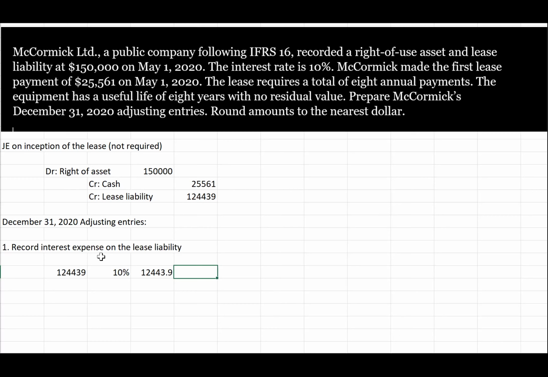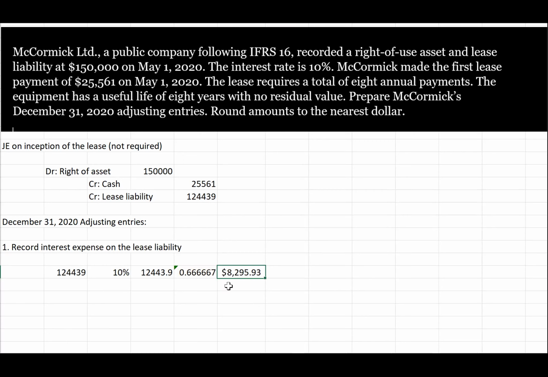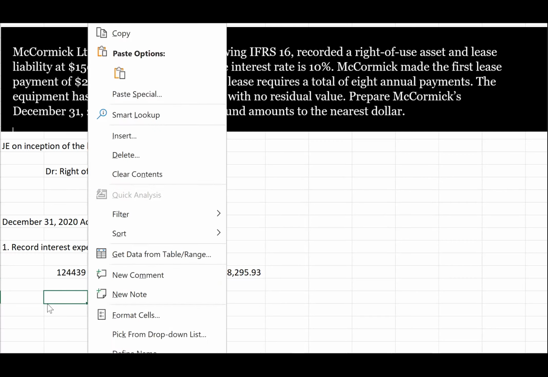So we're going to need to take 8/12 and multiply this amount by 8/12, which is my calculation there. Okay, and that is going to give me this amount, $8,925, which if I round, it's $8,926 because we're asked in the question to round amounts to the nearest dollar.